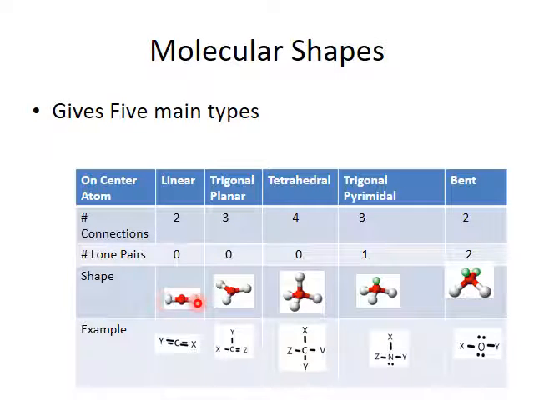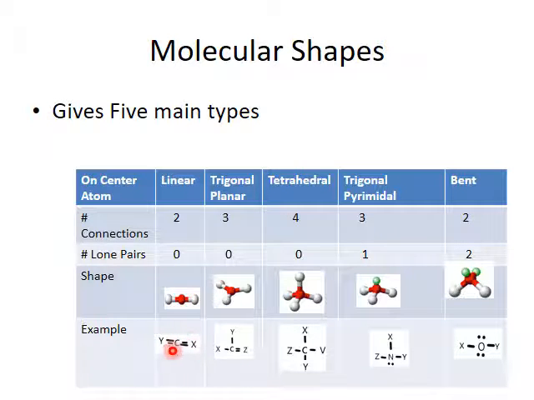All right, this first shape here kind of looks like a bar. If you had an iron bar stretched out straight, like a line, this shape is called a linear molecule, linear shape.